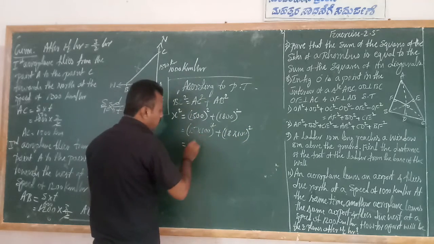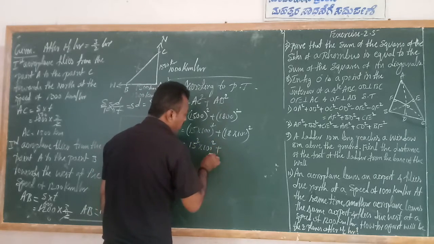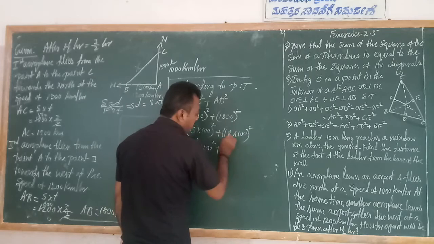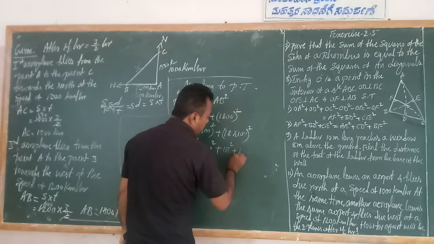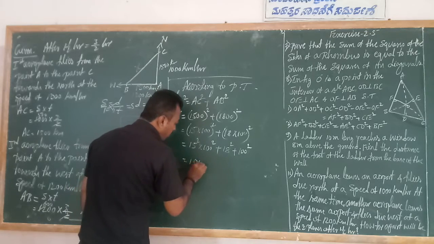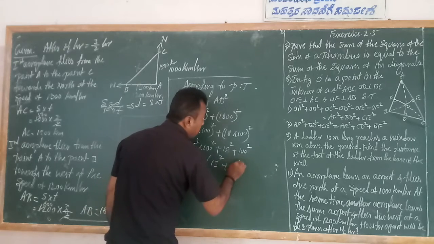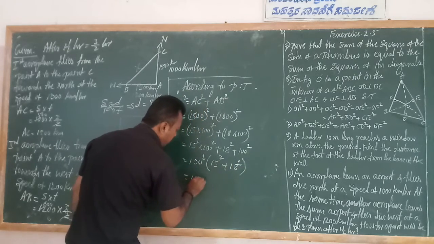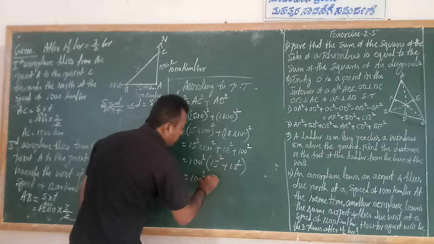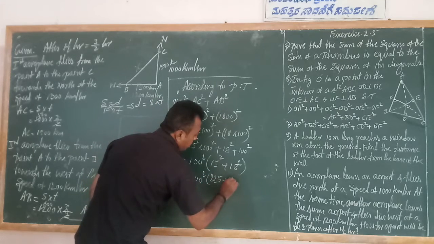So now (15 into 100) whole square: 15 square into 100 square, plus 18 square into 100 square. Now 100 square is the common factor, and the remaining is 15 square plus 18 square. 15 square is 225, plus 18 square is 324.